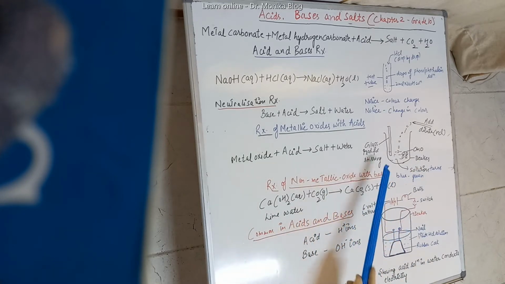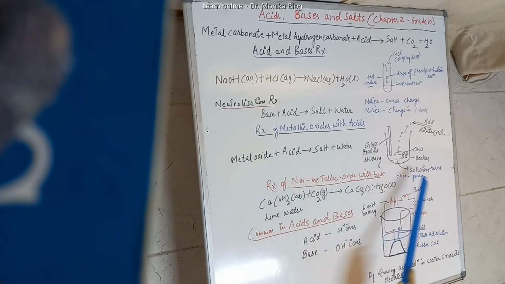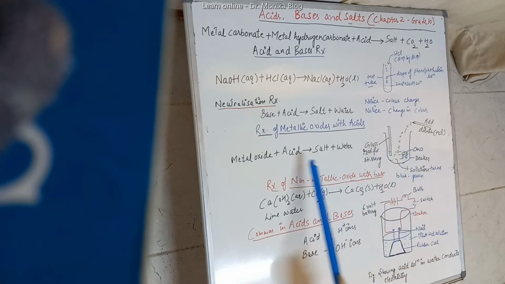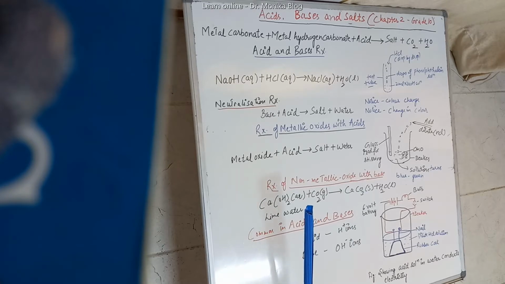So what is happening in this reaction? When a metal oxide, that is copper oxide, reacts with an acid, they form salt and water. This is the way metallic oxides react with acids. Now how do non-metallic oxides react with bases?